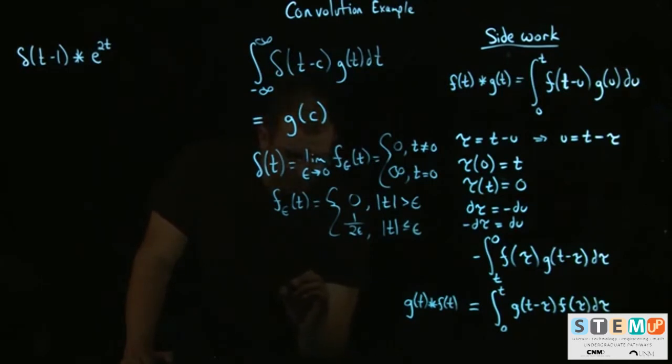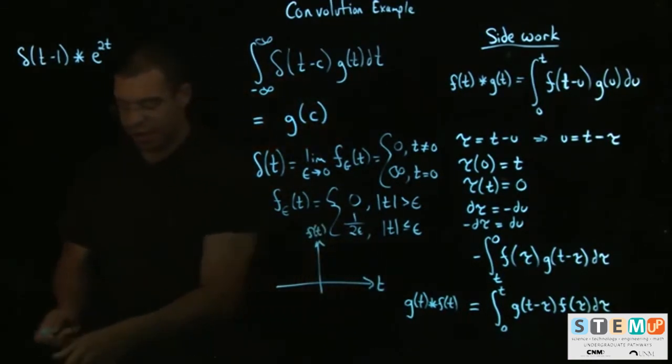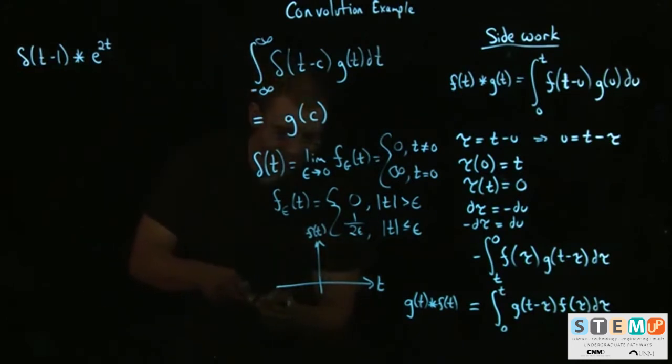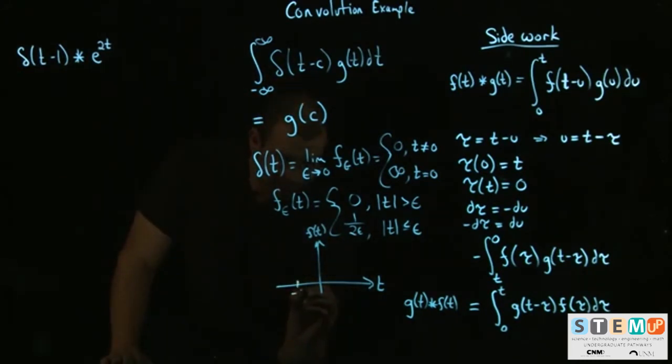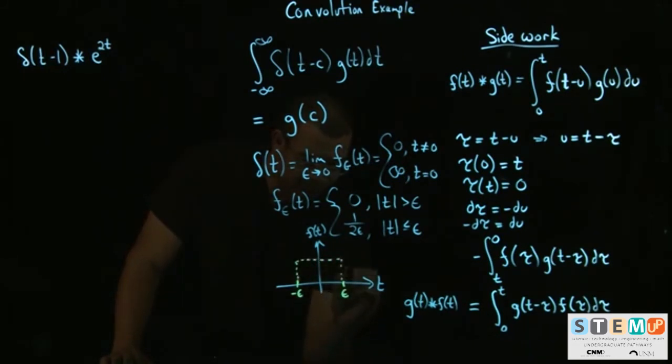And the picture that goes along with this is, if this is t and f of t, negative epsilon to epsilon, and we'll say this is 1 over 2 epsilon.